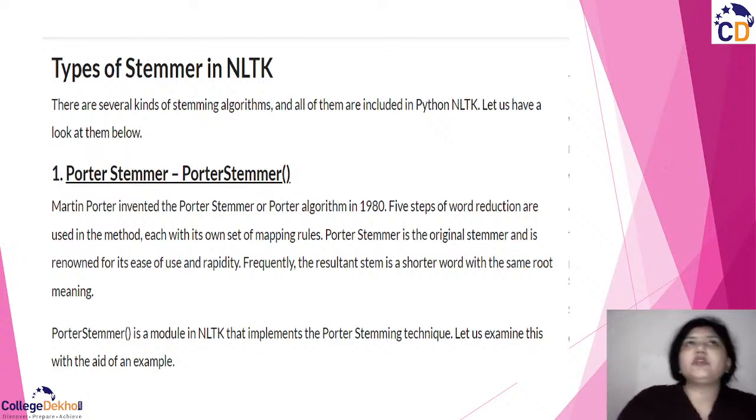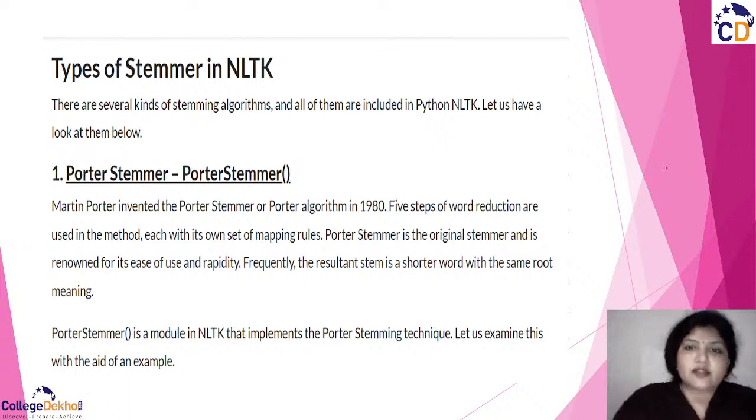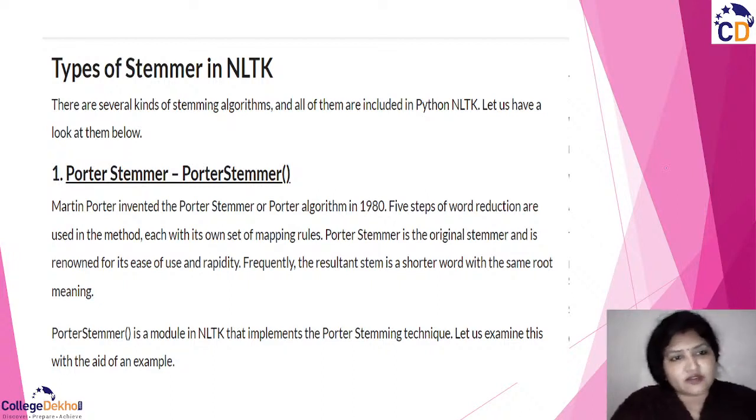Whenever we talk about the domain of natural language processing, in Python we might be using the package NLTK, the Natural Language Toolkit. We might be using this library for different functions related to language processing, right?